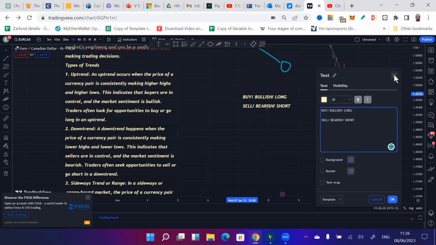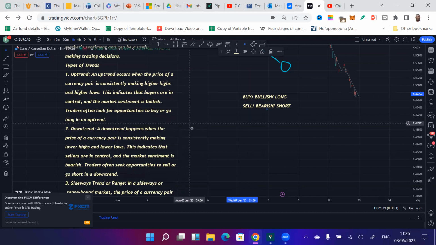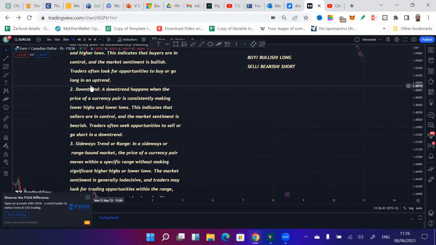So let's continue. For an uptrend, it indicates that the buyers are in control, and then you look for buy opportunities in an uptrend. Number two, downtrend. A downtrend happens when the price of a currency pair is consistently making lower highs and lower lows.